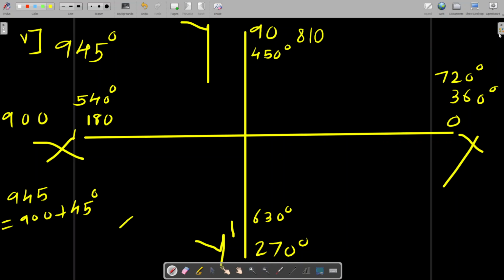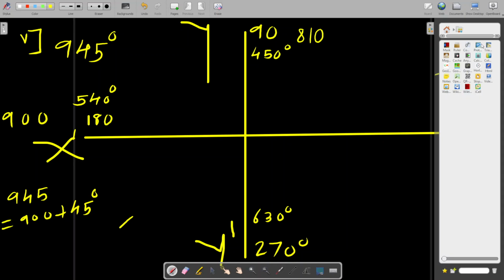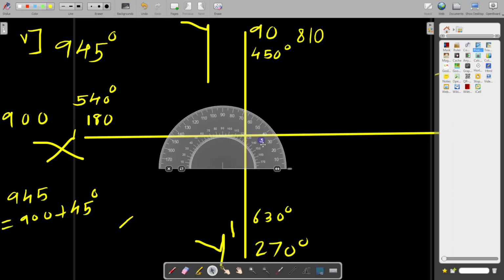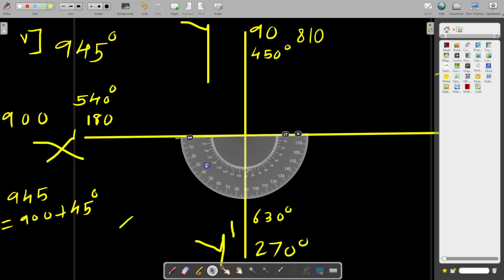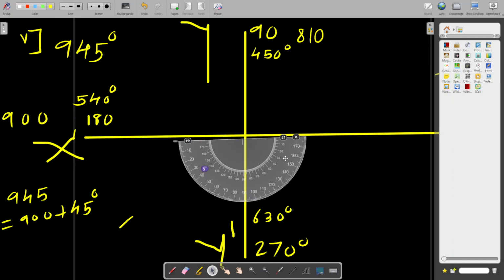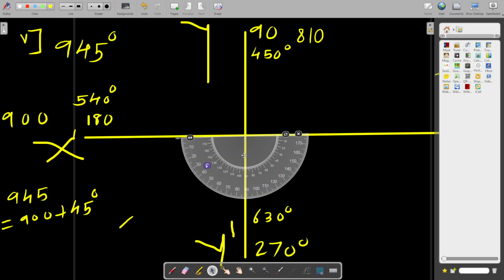So let me take out the protractor. If I keep it over here and flip it like this, so I started from here.